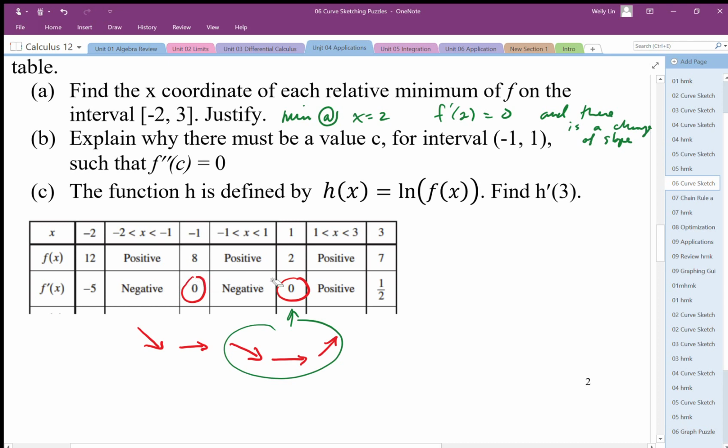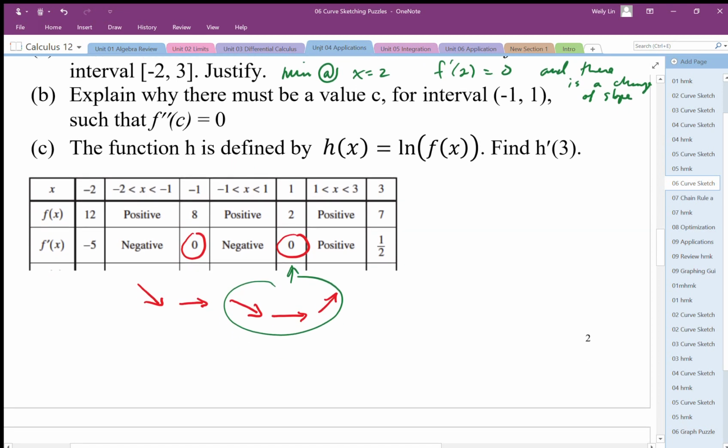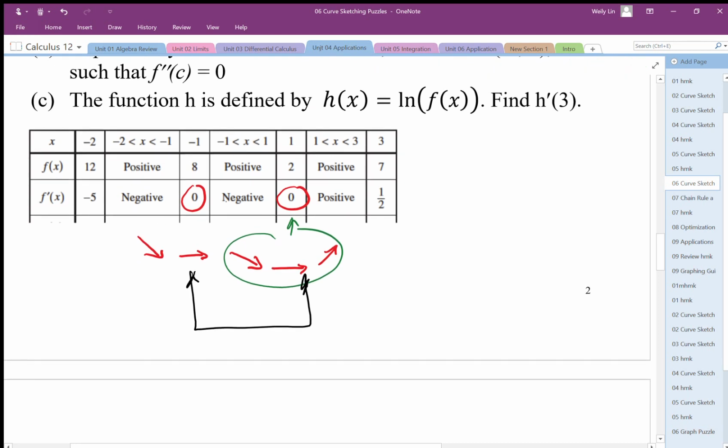So if I take a look at these points here, between -1 and +1, between these 2 points here, we know that the average slope is going to be 0.